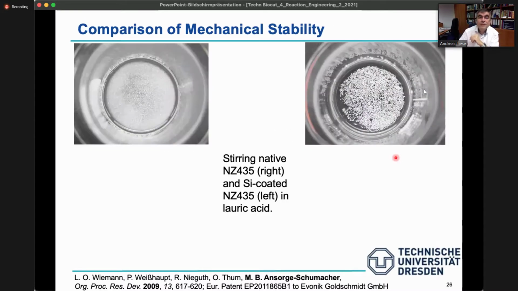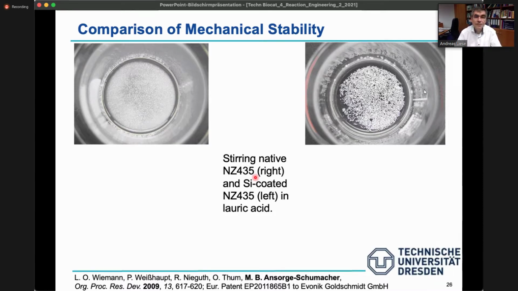And the result you can see here. So this is a commercial carrier with a lipase immobilized. That's a carrier from Novozymes in Denmark, and it's a Candida antarctica lipase B which you can buy commercially, already immobilized.